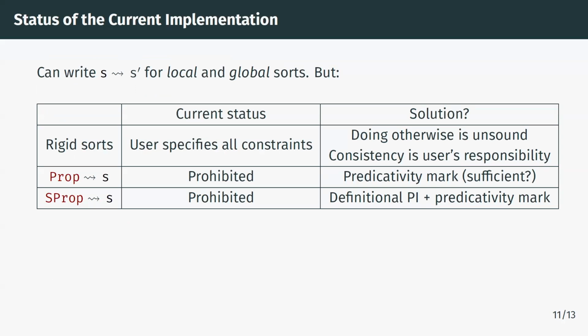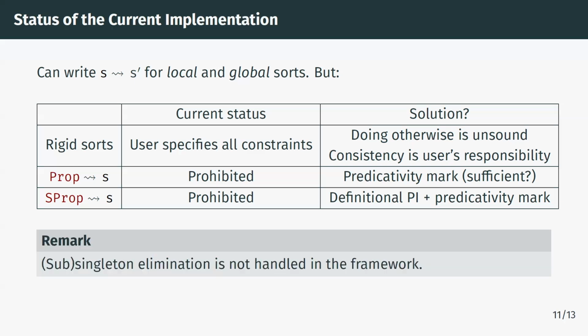We cannot infer one constraint between any two rigid sorts. And we also forbid prop eliminates to S and S prop eliminates to S. We want to implement a predicativity mark for both of these things. But we don't know if it's going to be enough for prop eliminates to S. And we also have to ensure that S prop eliminates to S implies definitional proof irrelevance for S.